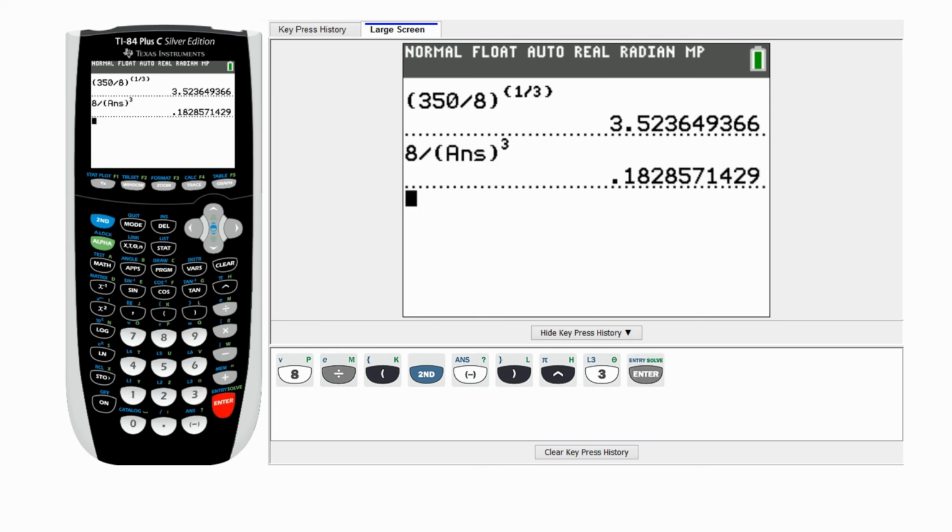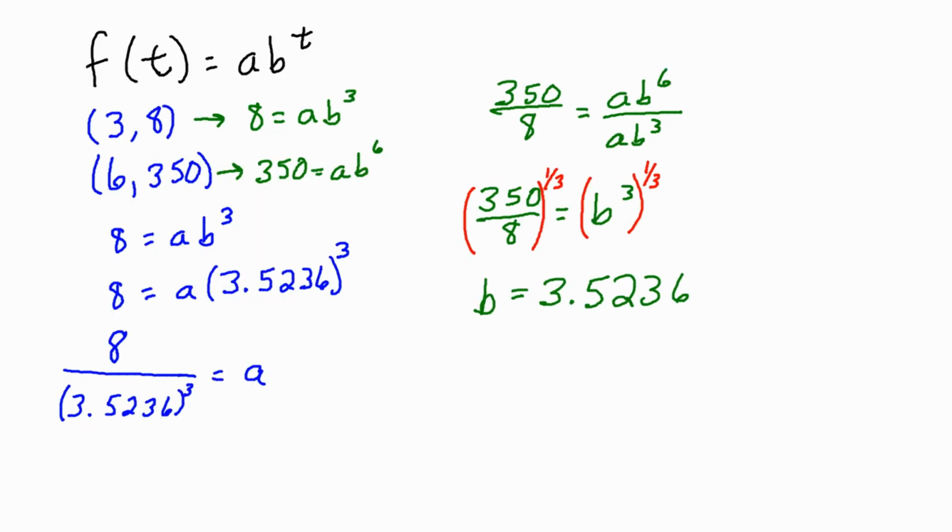Enter, and I get 0.1828571429, which rounds to 0.1829 for my a. Now that I have my a and my b, I can write my function for this equation.